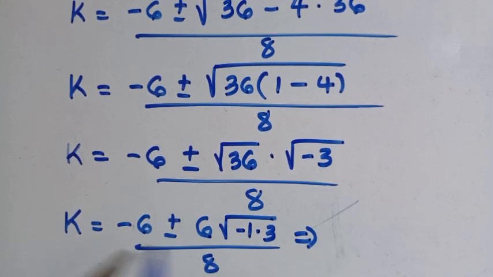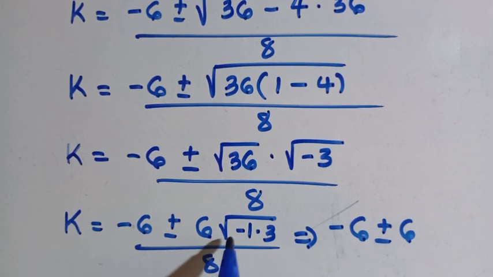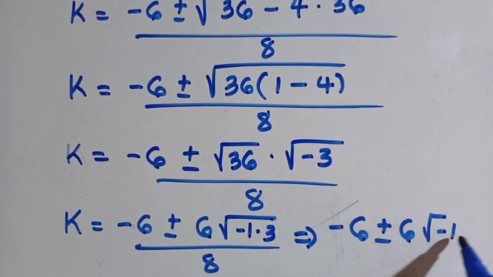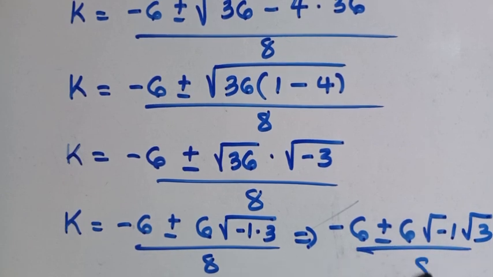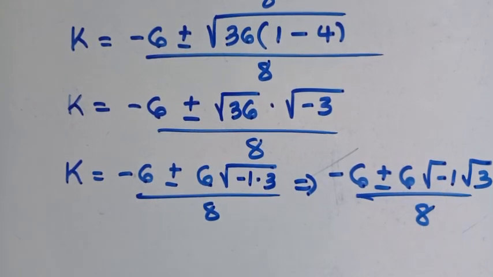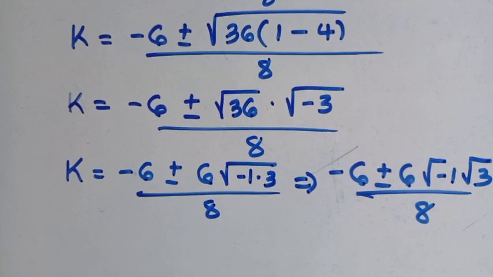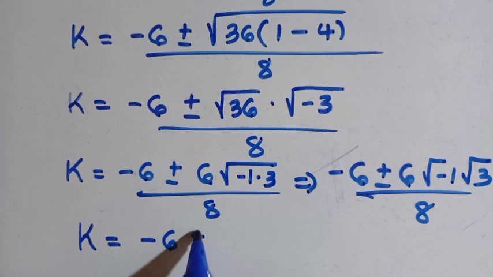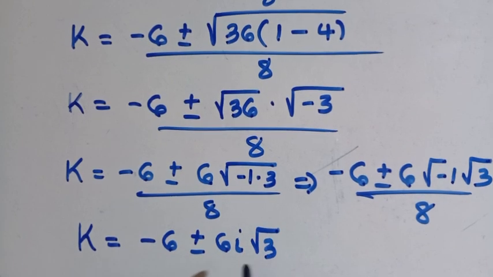When we separate this, we have square root of minus 1 multiplied by square root of 3 divided by 8. And square root of minus 1 is an imaginary root, which is i. Then we consider this as k equals minus 6 plus or minus 6i root 3 divided by 8.